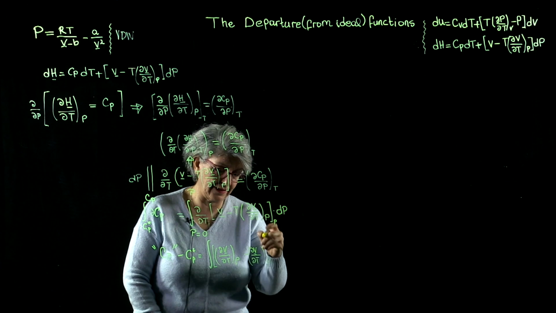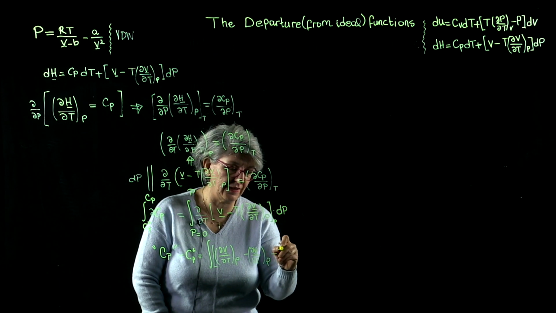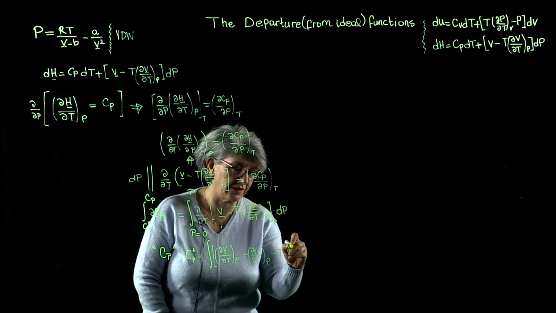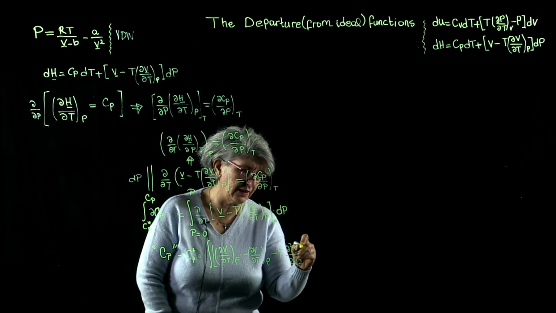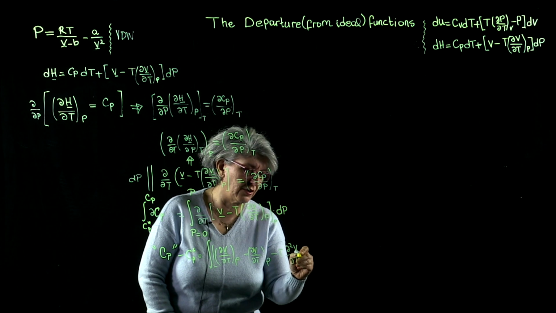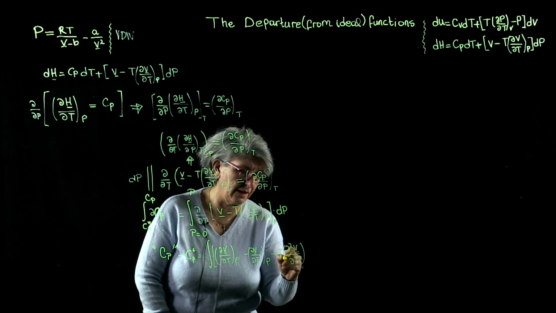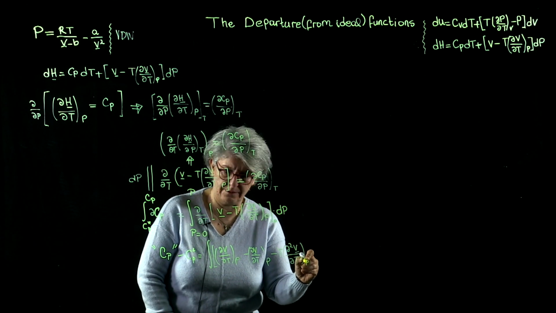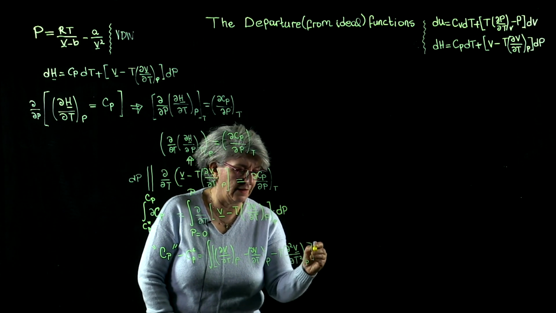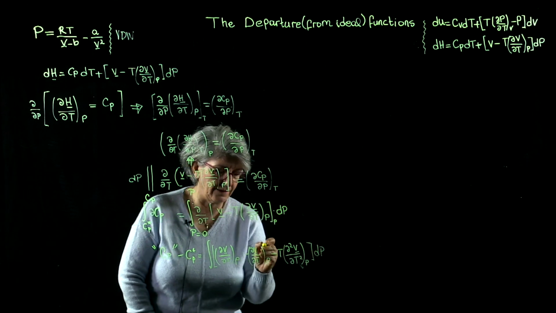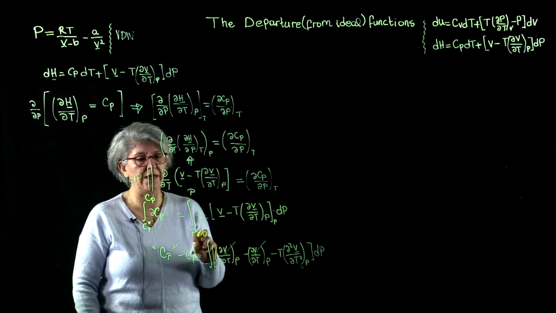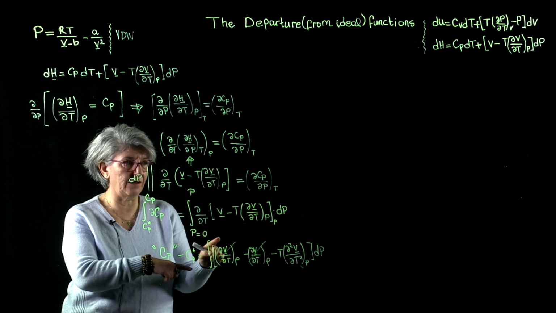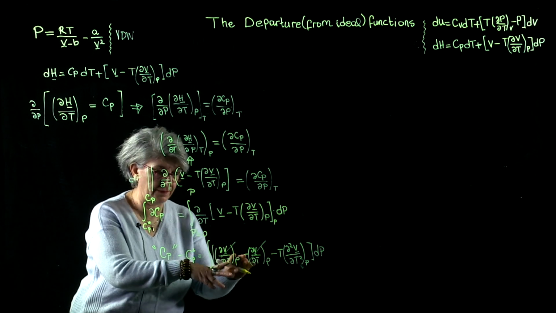So the second differentiation is going to give us T del square V over del T square at constant P, dP. Now these two terms will cancel one another, all right? In the integral form, we can just keep that.